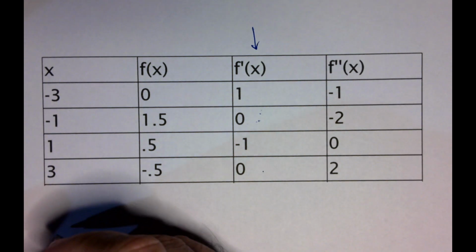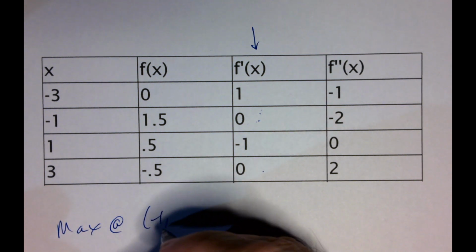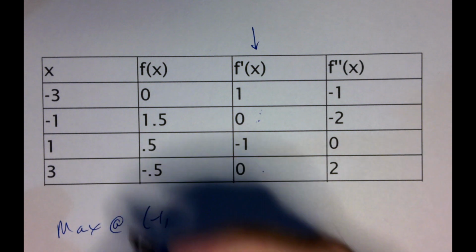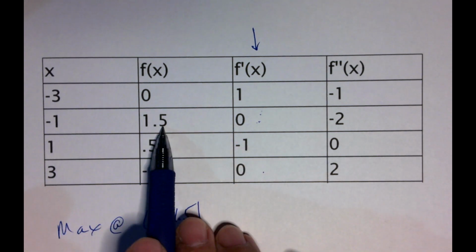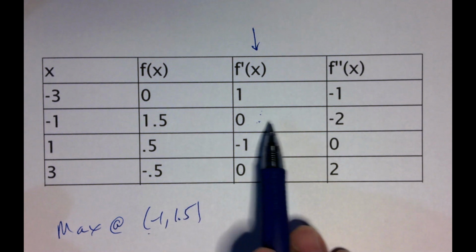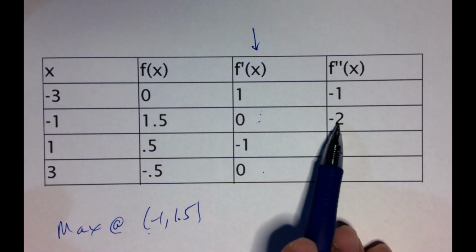So, max at -1, the y value is 1.5 because the f of x value is given, so it's (-1, 1.5), that's the max. I used the second derivative test to conclude that.